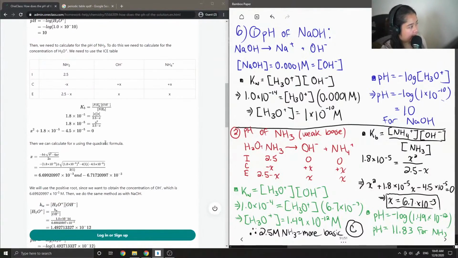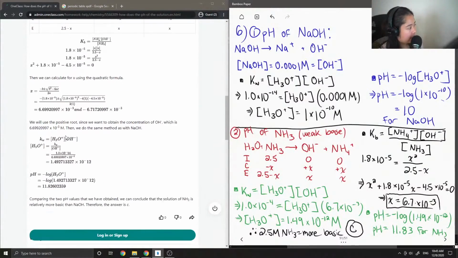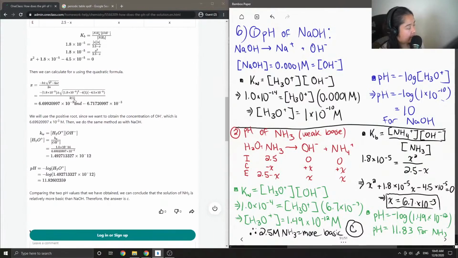Okay, so they did the same work. They plugged in their Kb value as 1.8 times 10 to the negative 5 and got a quadratic equation, x squared plus 1.8 times 10 to the negative 5. There should be an x here, minus 4.5 times 10 to the negative 5. Okay, so they show their work plugging everything into a quadratic formula, and you pick the positive root.